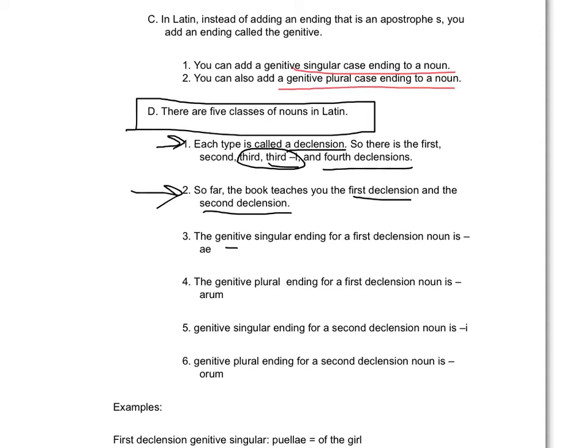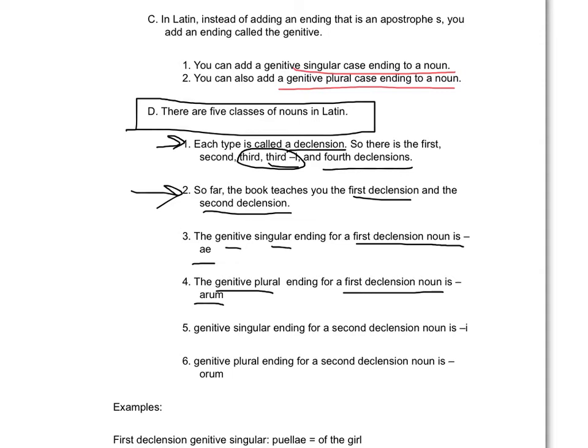The genitive singular ending for a first declension noun is A, E. You would add that suffix to the end of a noun. I'll show you examples below. The genitive plural ending for a first declension noun is A-R-U-M.